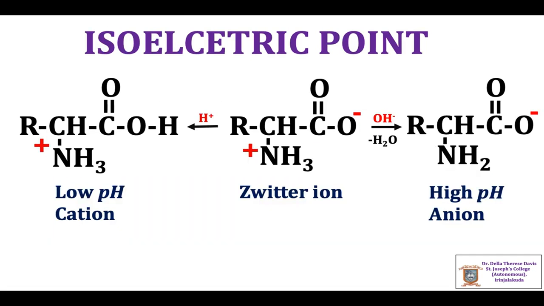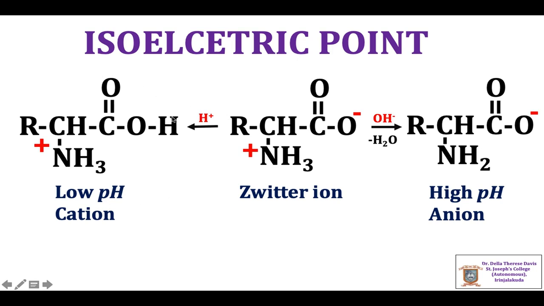The amino acid zwitter ion can either donate or accept proton depending on the pH of the medium. At low pH or in acidic medium, the zwitter ion accepts a proton and becomes a positively charged ion.